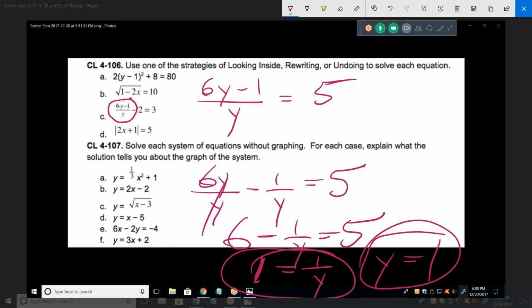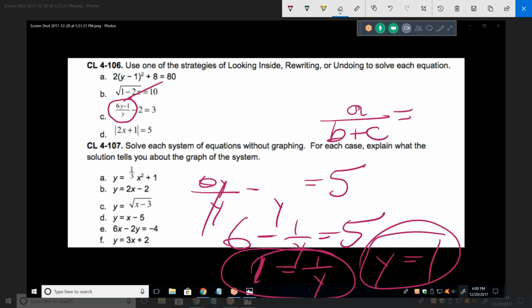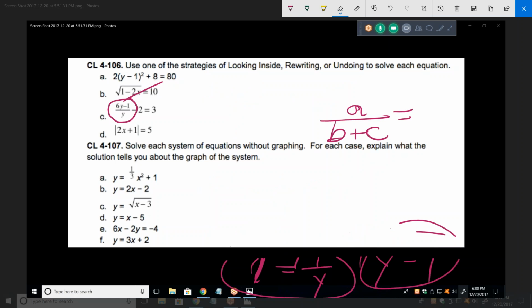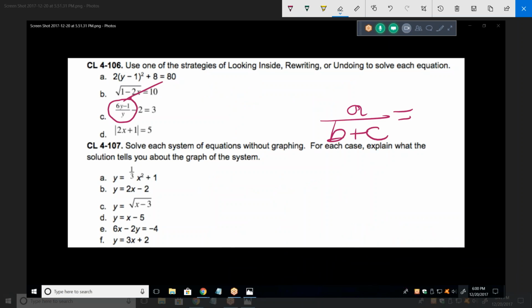It is important in math to understand that you can break that up into two fractions. What I'm trying to get at is I can split this up into two fractions only because there's a single term in the denominator.